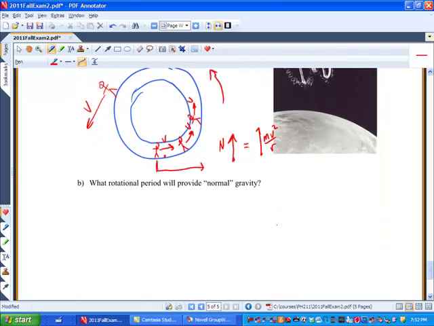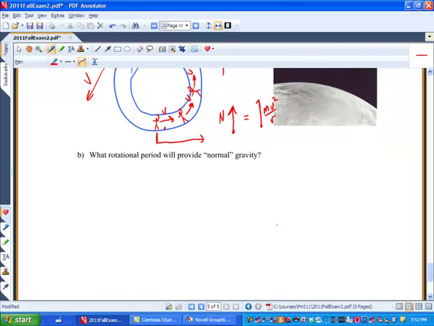And the next question is, what rotational period will provide normal gravity? Well, if I take my free body diagram and turn it into an equation, we get this. In normal gravity, if I stand on a bathroom scale, the normal force of that bathroom scale is going to read my weight, which is mg.